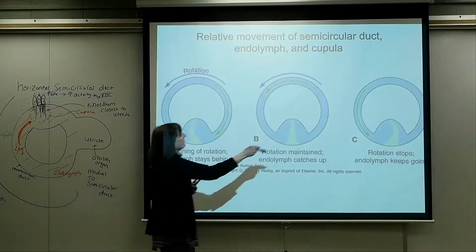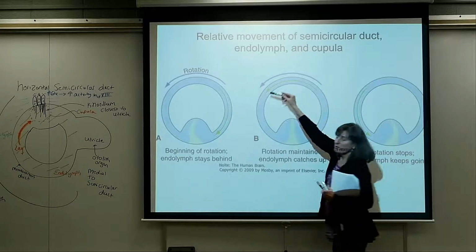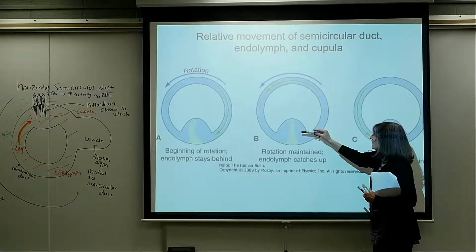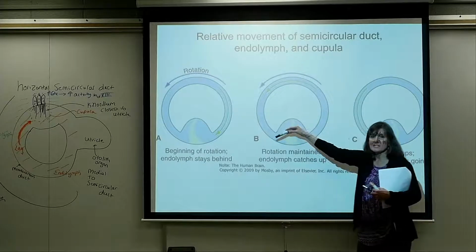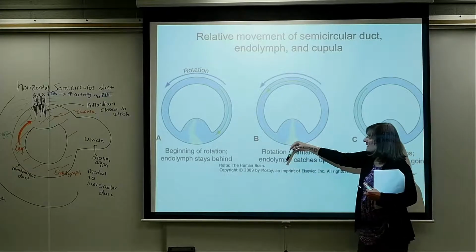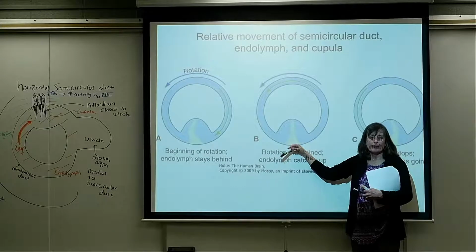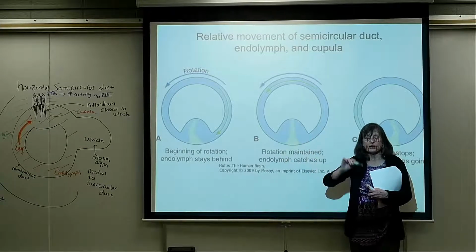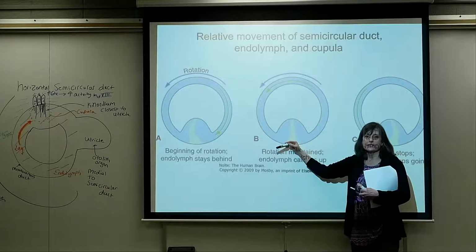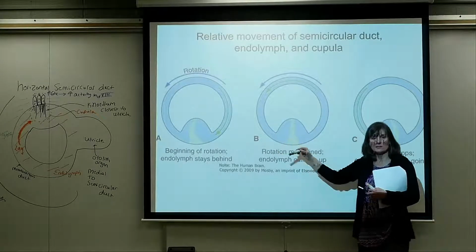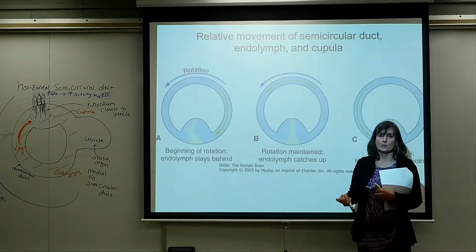However, if you keep rotating in the same direction at the same angle, eventually that endolymph is going to catch up and be going at the same speed in the same direction. That's going to end up decreasing the movement of that hair bundle. It's going to be more straight up and down, back to baseline activity, and you're not going to get stimulation of the hair cells or the vestibulocochlear nerve.